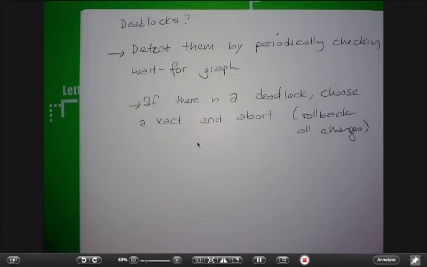And as it is changing lots of things, if you abort that transaction, you're going to also have to abort many, many changes that it has made, and then you're going to restart and do the whole thing.